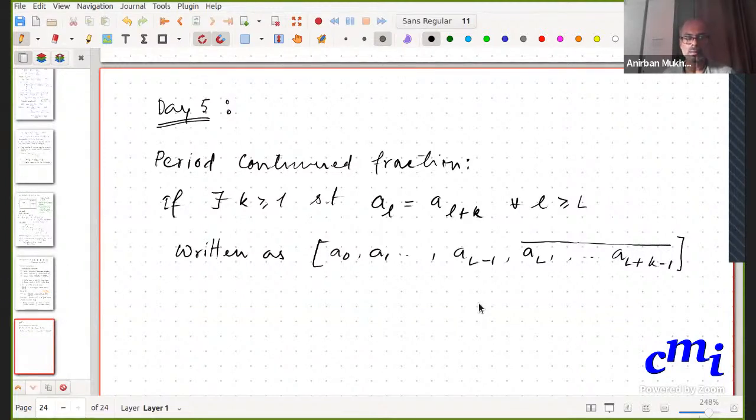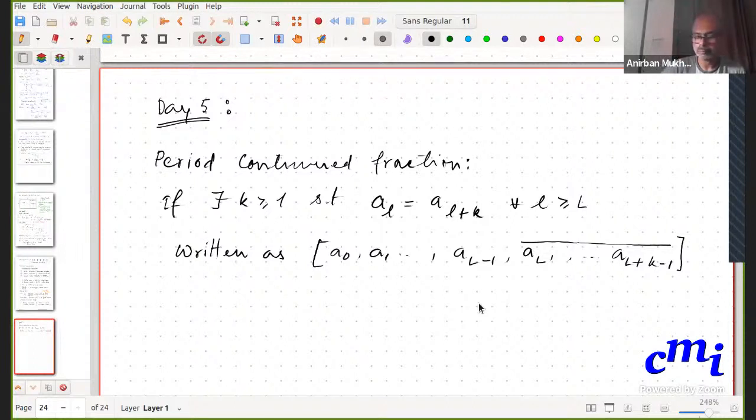All these are what is called quadratic surds, so that's a real solution of a quadratic equation with integer coefficients. So those are called surds. They are of the form (a plus b square root of c) by some d.